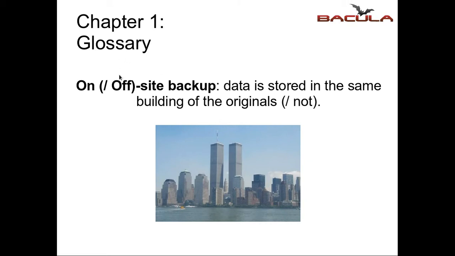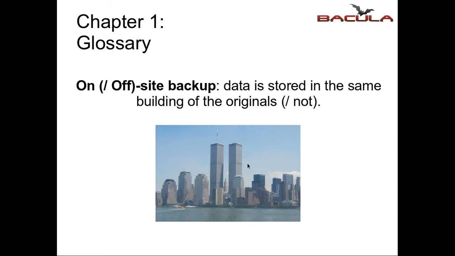At least on and off-site backup: data is stored in the same building as the originals or not. Like I said before, it's a risk-cost relation. The biggest example of an off-site backup failure is the World Trade Center incident that occurred on September 11.